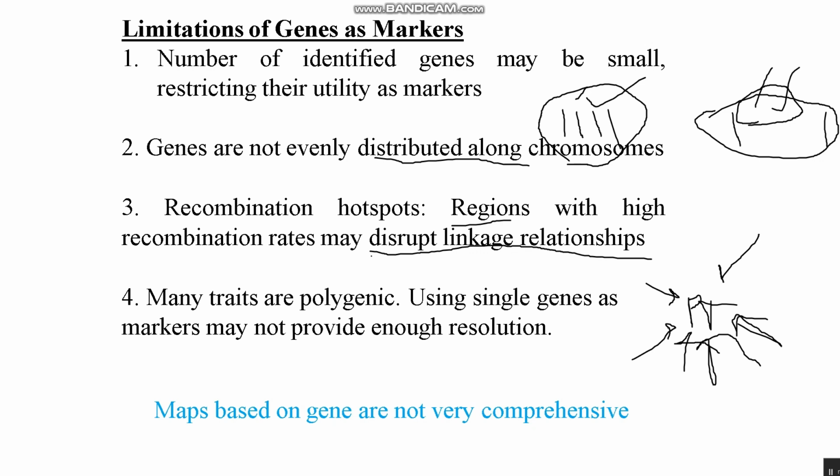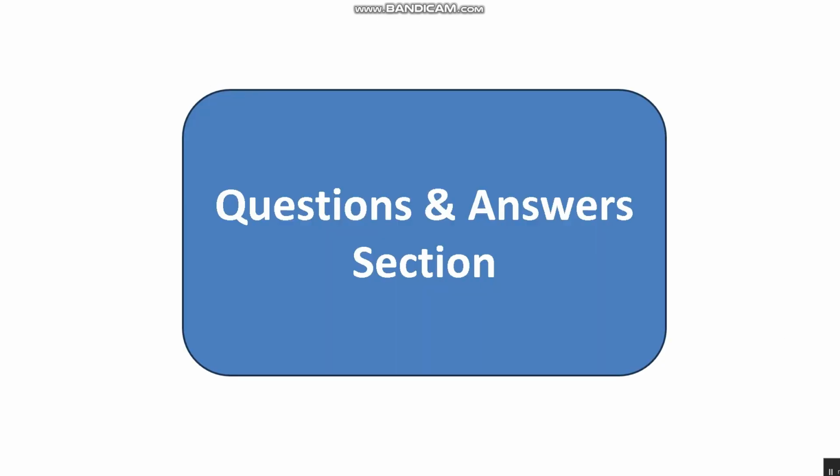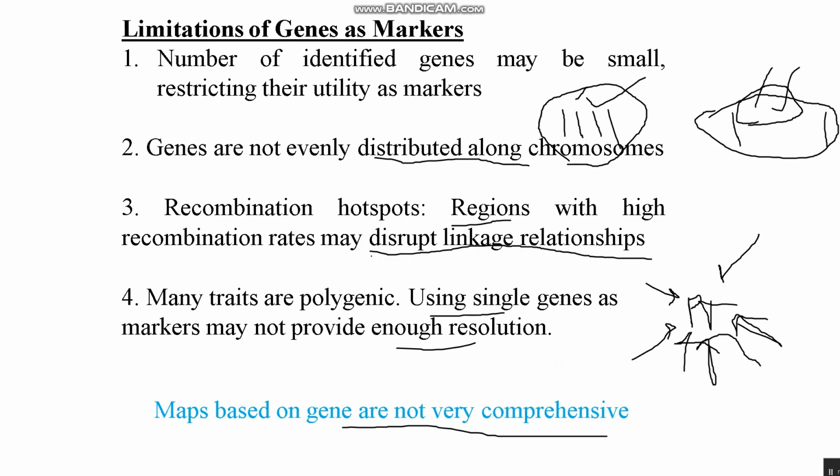Using a single gene as a marker may not provide enough resolution. That is why a map based on genes is not very comprehensive, and we have to go to the modern genetic markers.